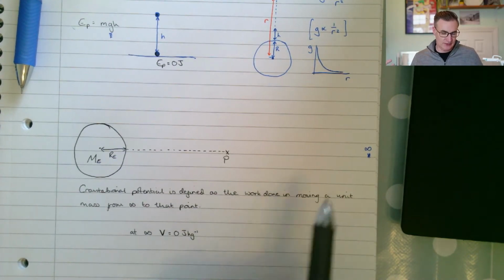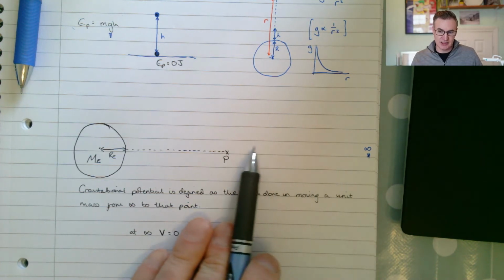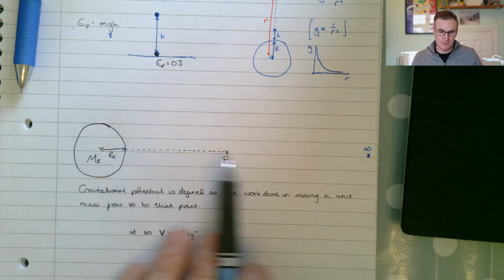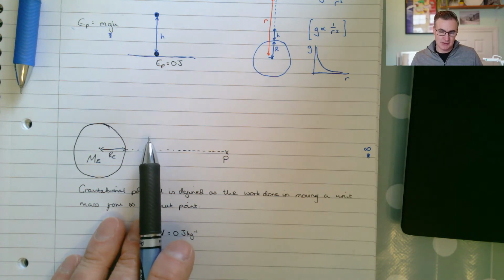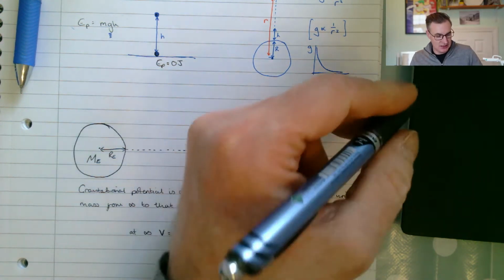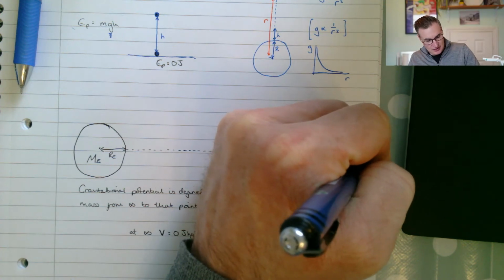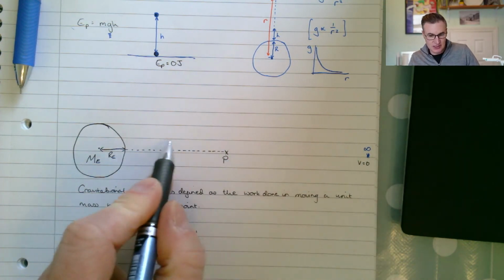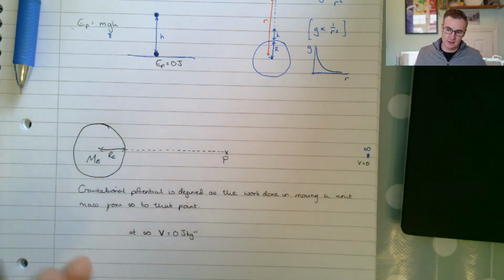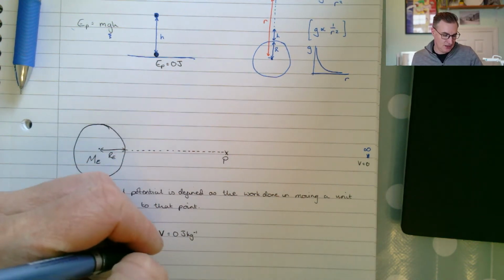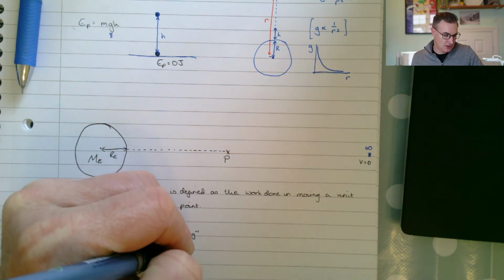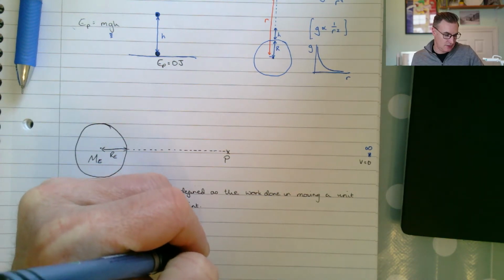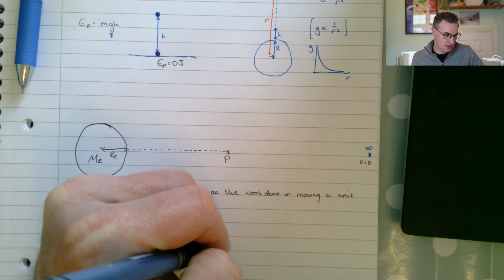But wait a minute, if it's losing energy the whole time as it's going towards here, and V here is equal to 0, the only way that it can lose energy from 0 is if the V is always negative.